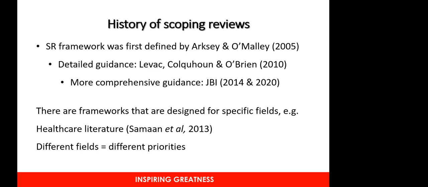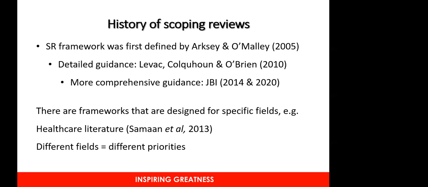And again, besides the holistic structure, there are different scoping reviews that are shaped or fashioned for a specific field, such as healthcare literature, for example, because different fields prioritize different things.